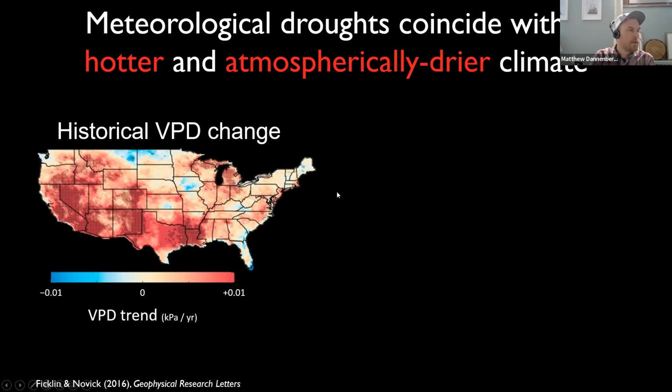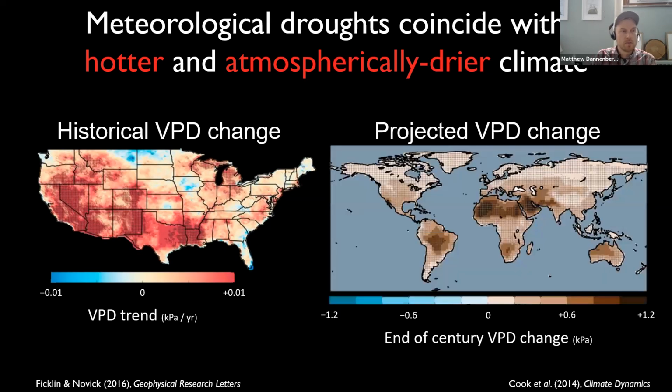So here, this map shows a nice analysis from Kim Novick and Darren Ficklin showing historical trends in vapor pressure deficit. And those increases in VPD are expected to continue into the foreseeable future as the climate continues to warm. And so this is from a nice paper by Ben Cook showing projections of multiple hydroclimatic variables out to the end of the century.